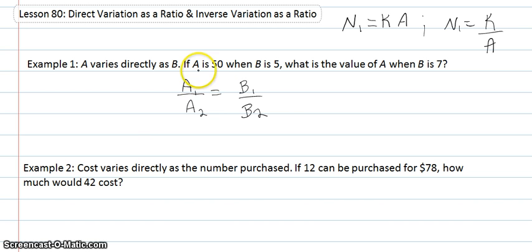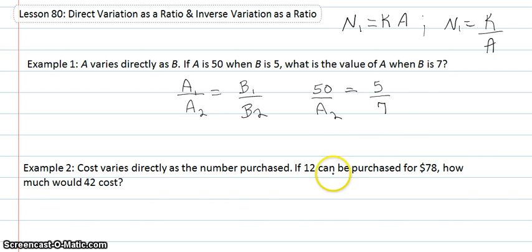When A is 50, B is 5. So I'd have 50 on top over here, and 5 on top on the other side of the equal sign. We're looking for the value of A when B is 7, so I'm looking for A sub 2, and B is 7.